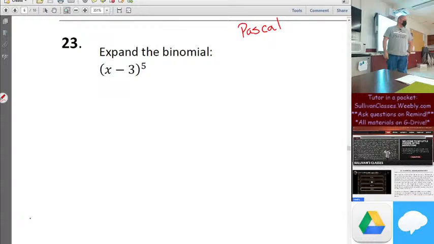Pascal's triangle. Section 5.7, I think. 5.7? Somewhere in there. Pascal's triangle, you should all have your notes. You should all have that kind of stuff. Where's Pascal's triangle? Or do you remember how to make it? Could you just make it out to the 5th row real quick?